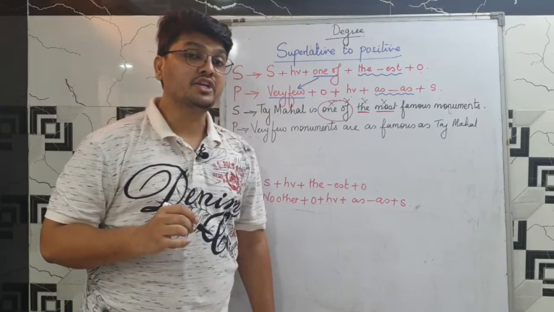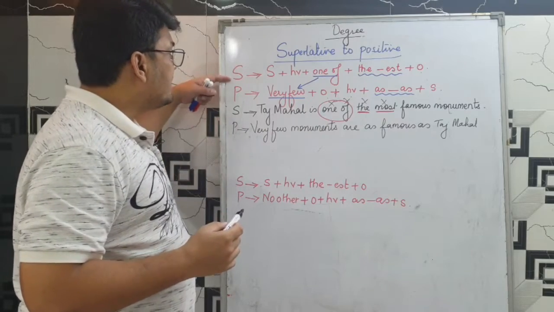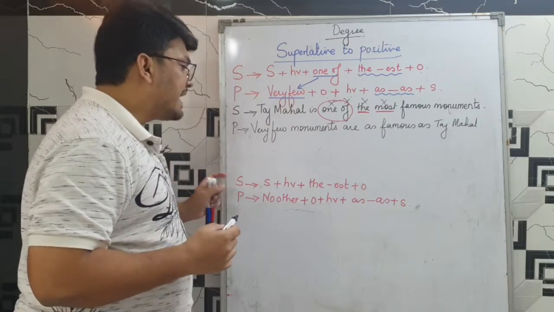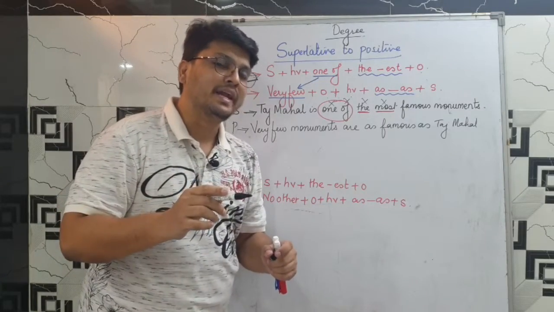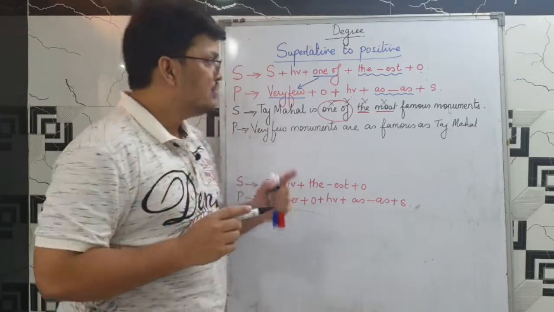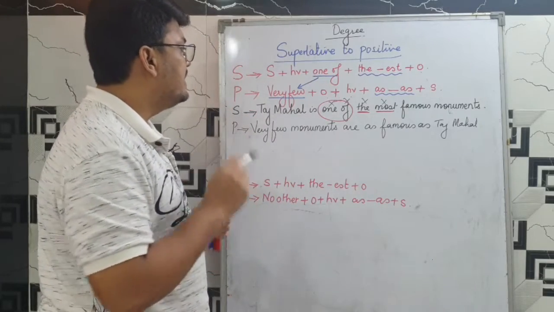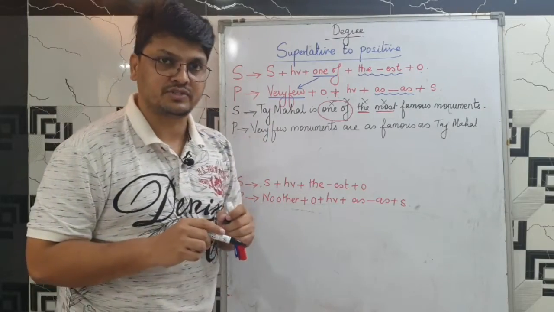Once again, I teach you, students, we have two types of superlative degree. In one, you will see one of, and in the second one, you will not see one of. And if you see one of in superlative degree, begin the positive degree with very few. You can see I have given you this example: Taj Mahal is one of the most famous monuments.